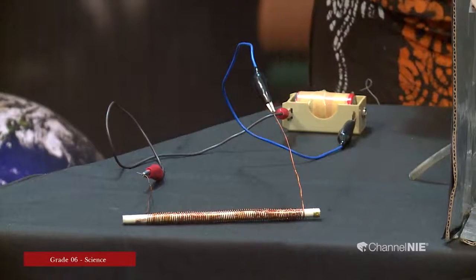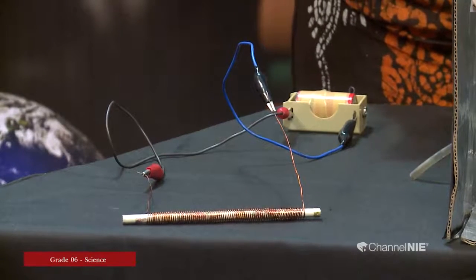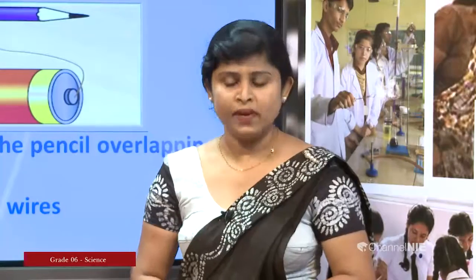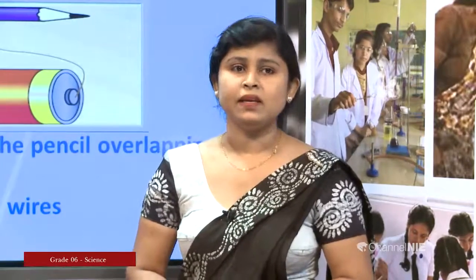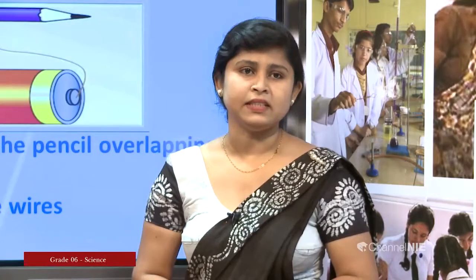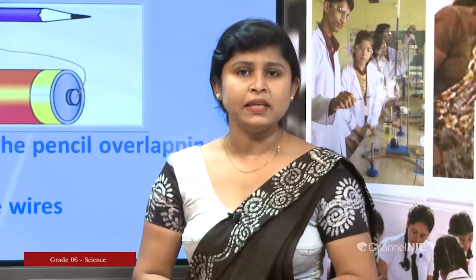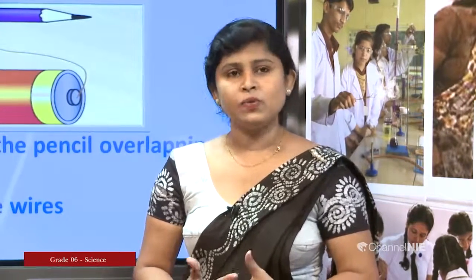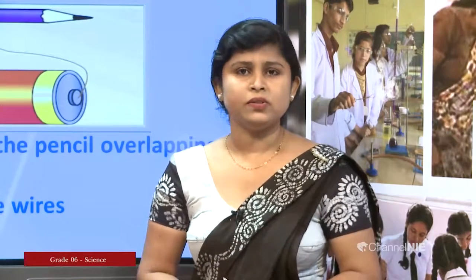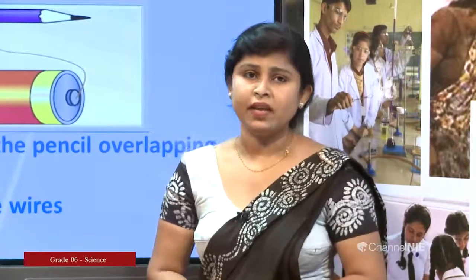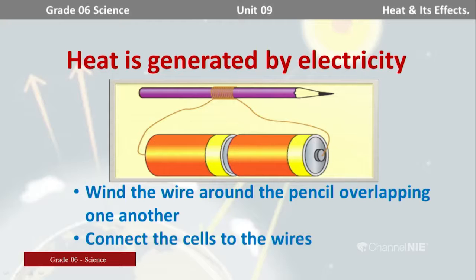That is my observation. When we connect the ends of the copper wire to a dry cell in this way, the copper wire starts heating. Then what can you conclude through the activity? Let us see the observation and conclusion of the activity.